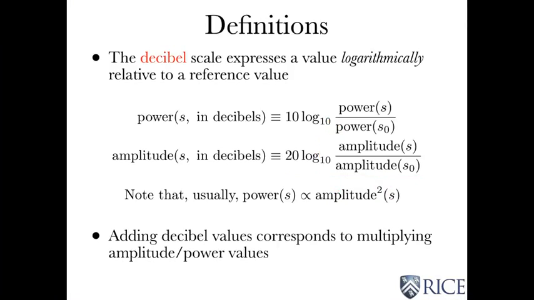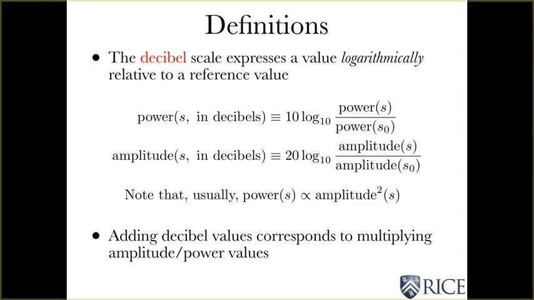And the main reason why we use decibels is because adding decibel values corresponds to multiplying either power or amplitude values, right? Because the log of A times B is equal to the log of A plus the log of B. And this has to do with transfer functions.